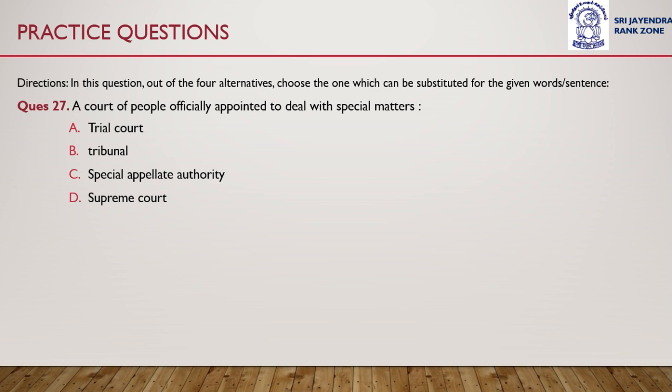The correct answer is option B, tribunal. A tribunal is a court of people officially appointed to deal with special matters. Therefore, option B, tribunal, is the answer for question number 27.